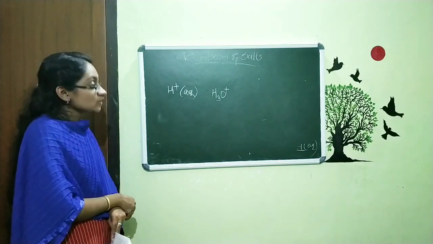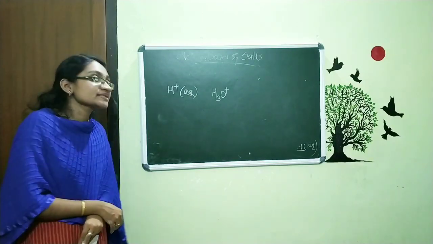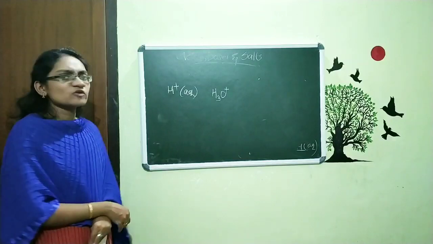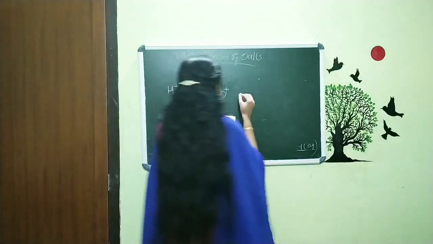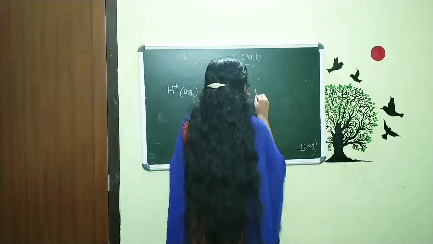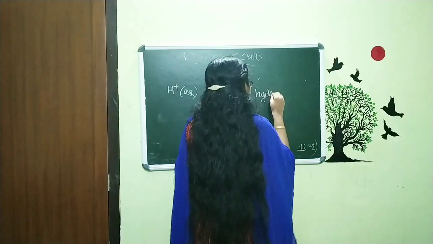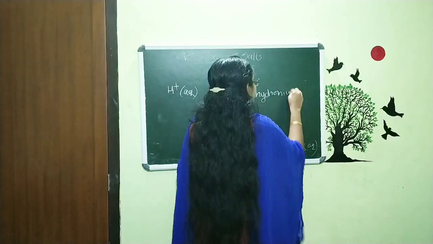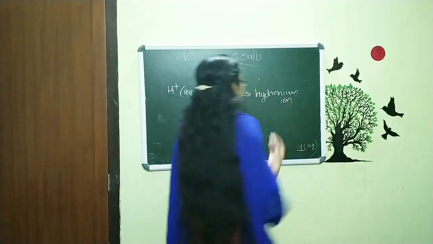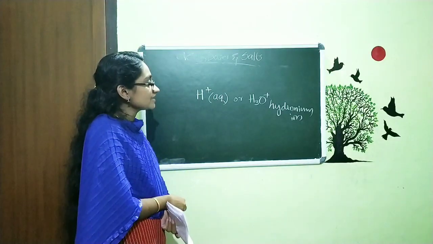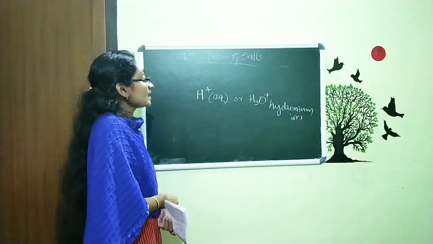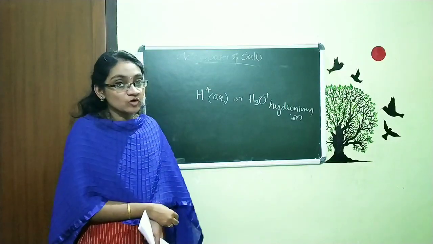This H plus aqueous and H3O plus both are same. And what is the name of this? The name of this is hydronium ion. Hydronium ion. That is what is present in the acid and shows the property of acid.